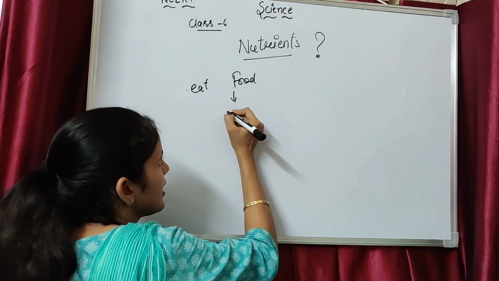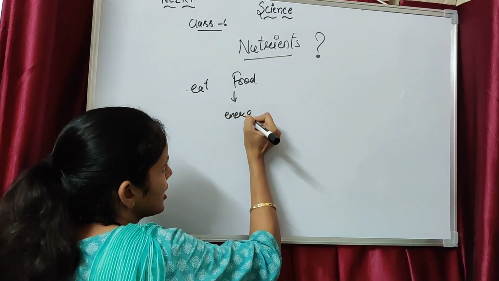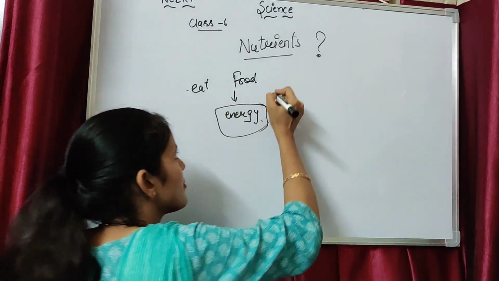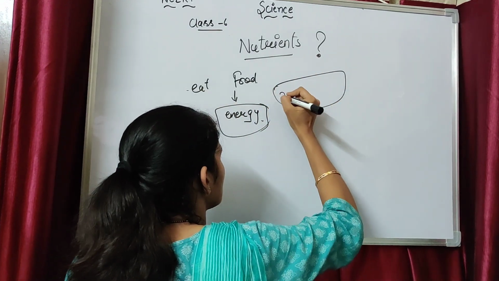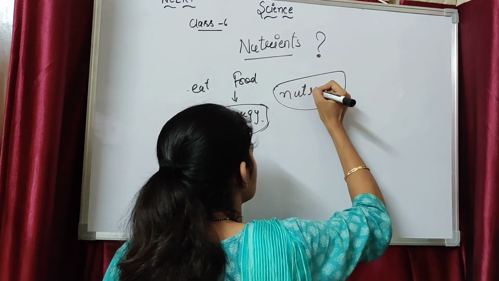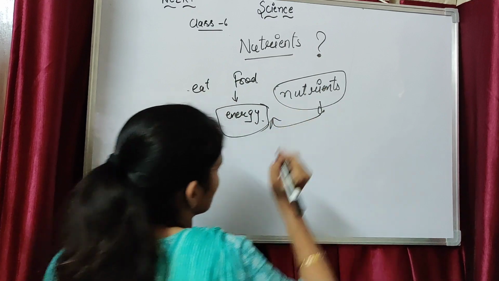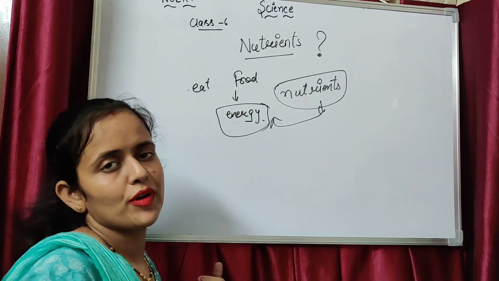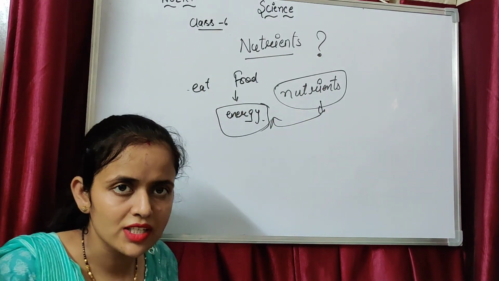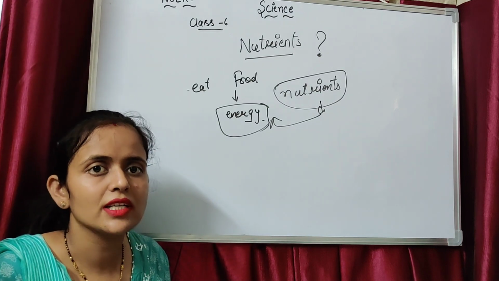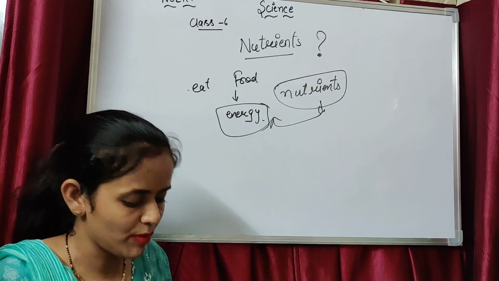But we get energy. From where do we get this energy? There is a middle process which is named nutrients. And nutrients give us energy. Different components of food give different nutrients, and they perform different functions in our body.